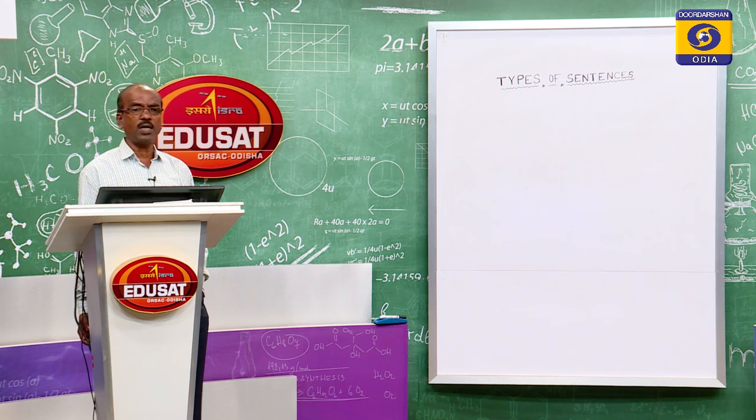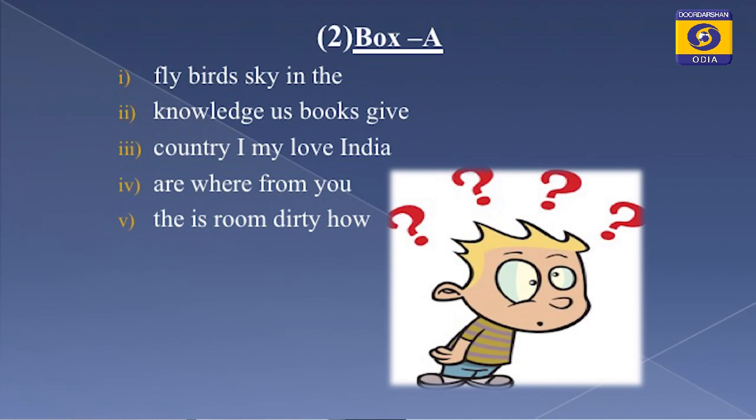Before discussing sentences properly, you see on the screen there are some examples. In the first line: fly, bird, sky, in, the. Can we say this is a sentence? Yes or no? We cannot say this is a sentence.